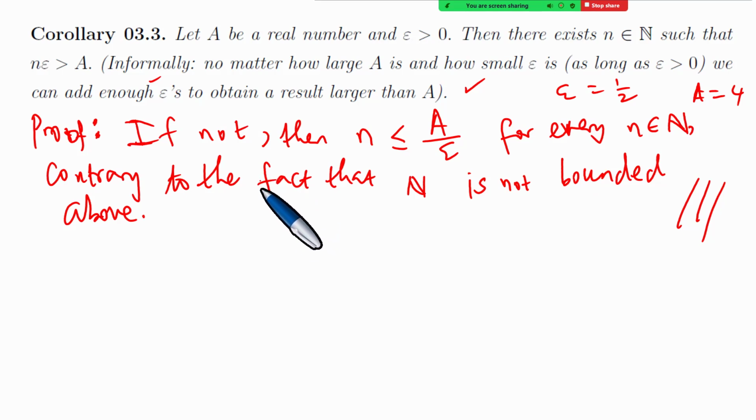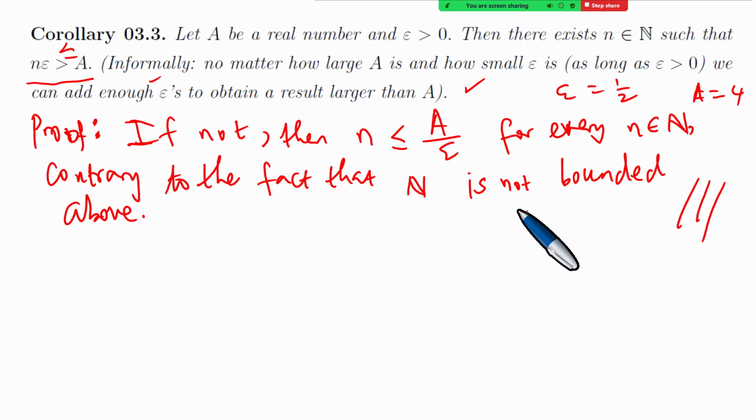If not, we assume it's not the case, so we reverse this inequality, because it is n epsilon greater than A. So we must make it less than or equal to. So now you divide by epsilon so that n is less or equal to A over epsilon. We assume the contrary for every n in the natural numbers, contrary to the fact that n is not bounded above.